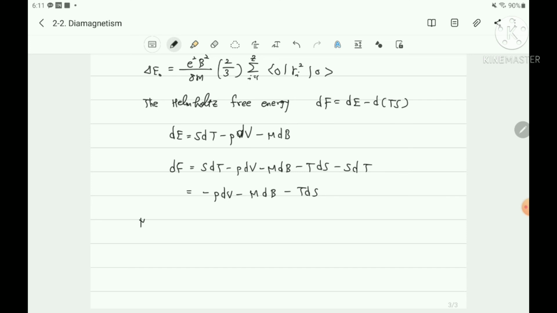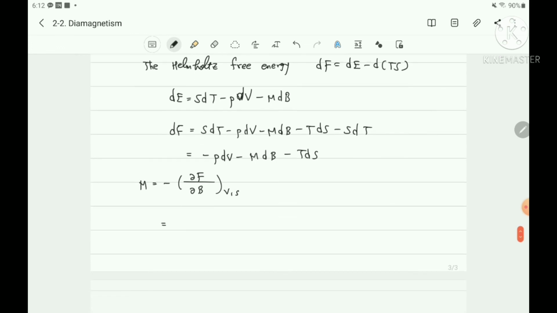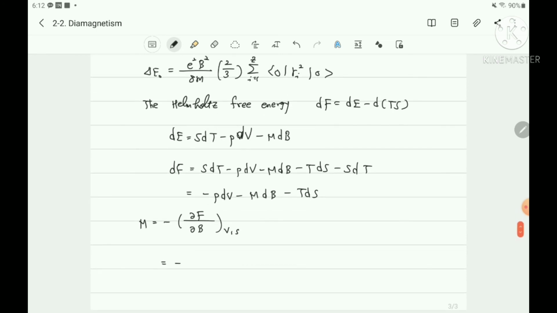Therefore, the magnetization can be written as minus partial F over partial B, where the volume and the entropy are constant. Here, from here, N over V partial E0 partial B.